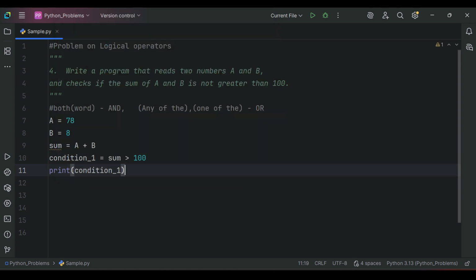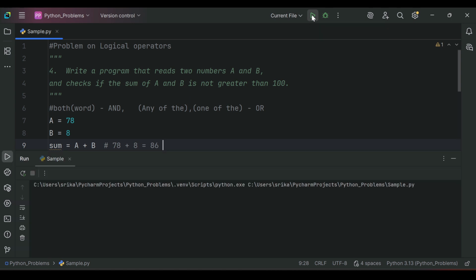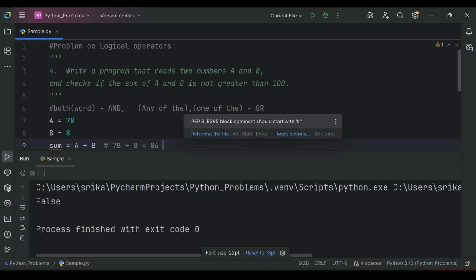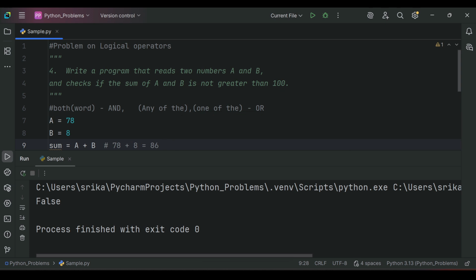Here sum is equal to 78 plus 8. 78 plus 8 means how much will come? 86 will come. Here, is 86 greater than 100? No, it's a false condition. Actually, whatever we checked first, that condition is false.